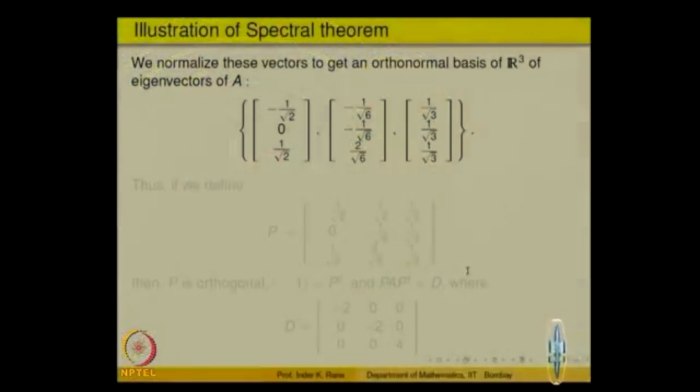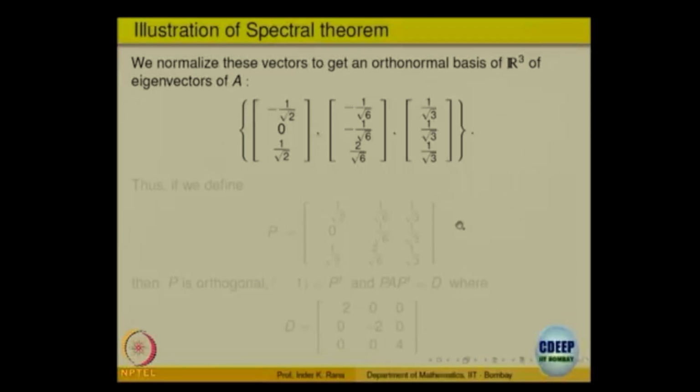You get these 3 vectors, which form an orthonormal set. There are 3 of them, so they will form a basis for R3, and each one of them is an eigenvector, because we have taken eigenvectors or only modified them.